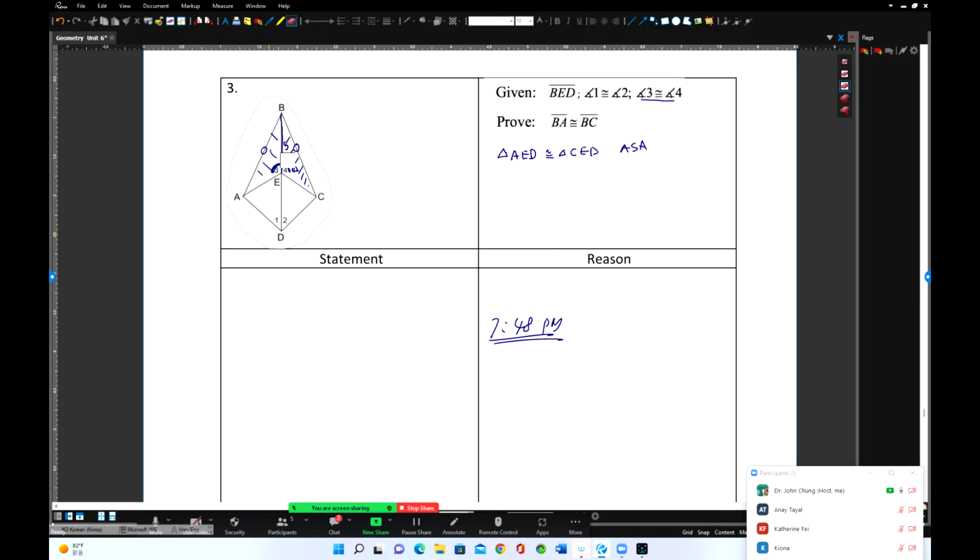After that, now this is a corresponding part, right? Corresponding sides of this triangle must be equal. So we have another side. So now we got everything. Side, angle, side. Second one is what? Triangle ABE congruent to triangle CBE must be going this way. Side, angle, side.